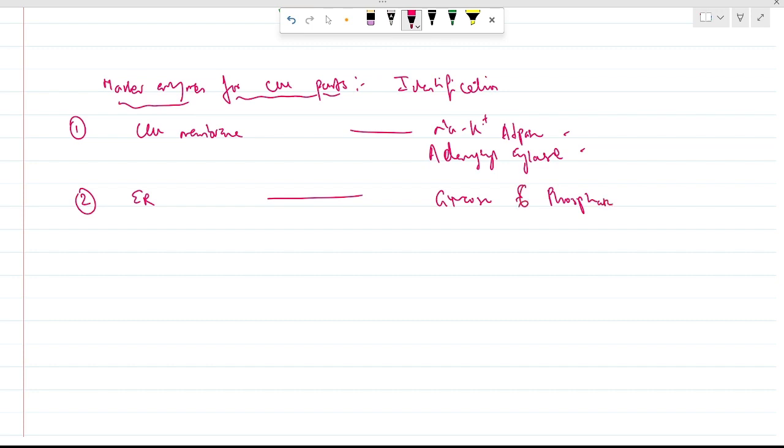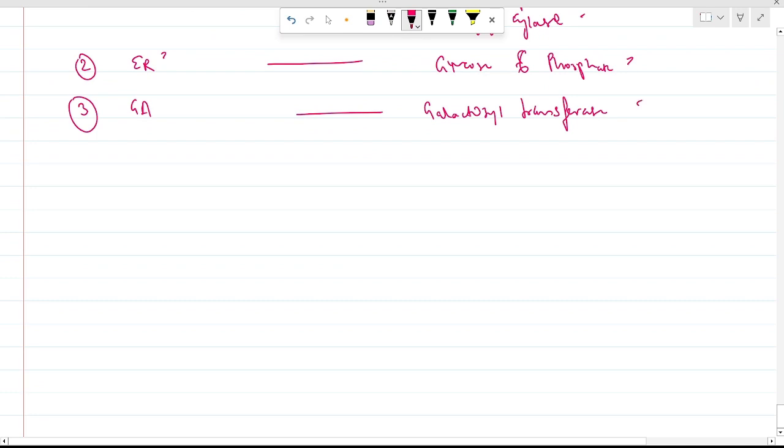So glucose 6 phosphatase is a marker enzyme for endoplasmic reticulum. Third is the Golgi apparatus. For Golgi apparatus, we have galactosyl transferase.